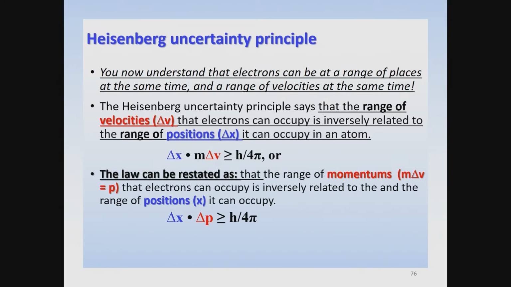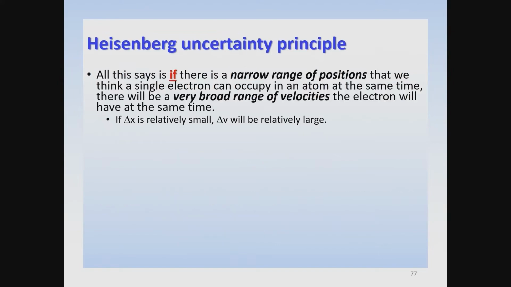So another way you can restate the equation is just substituting momentum, which is symbolized by p, for m times v. But if it's m times delta v, it would be delta p now. So we're now talking about a change of momentum. So another way of saying the Heisenberg uncertainty principle is that the range of positions, x, times the range of momentums, p, has to be equal to or above that constant.